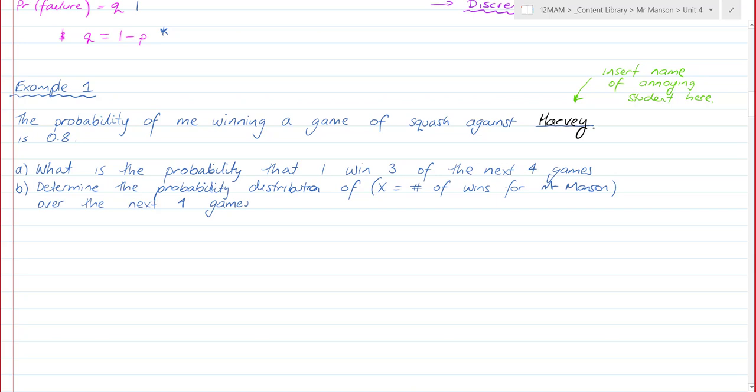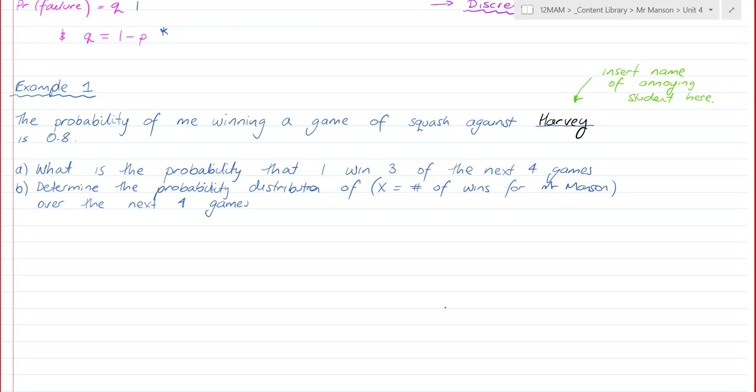What is the probability I win 3 of the next 4 games? Is the first question. Determine the probability distribution of X, the number of wins for me overall in the next 4 games. So this is a 4-game system. I'm going to do this now logically without a tree diagram because we're building towards binomial probability.